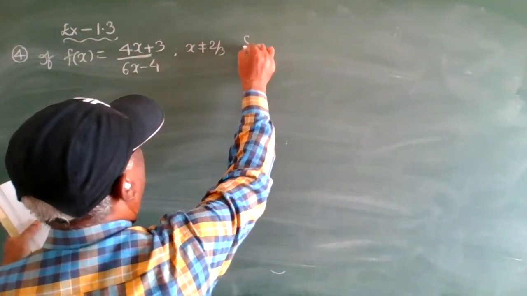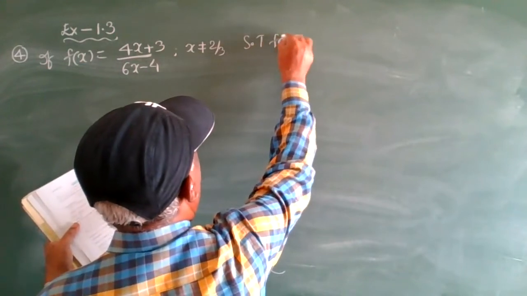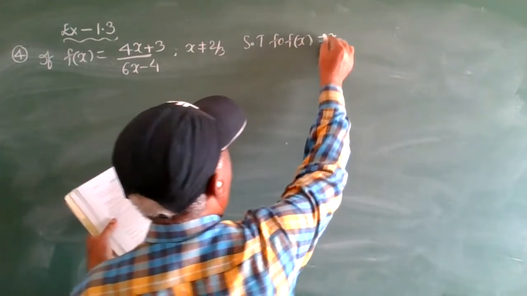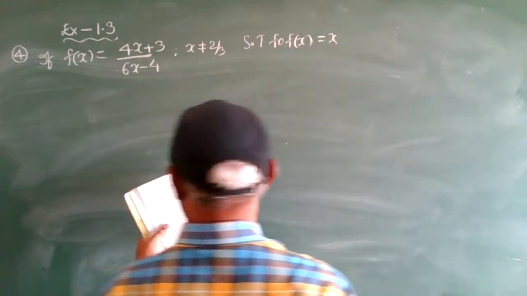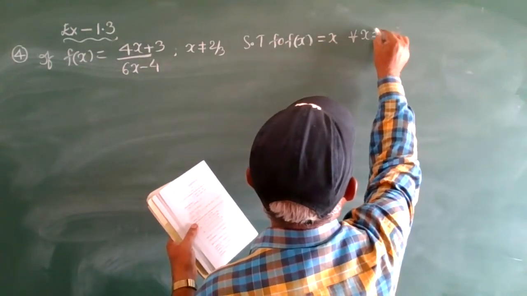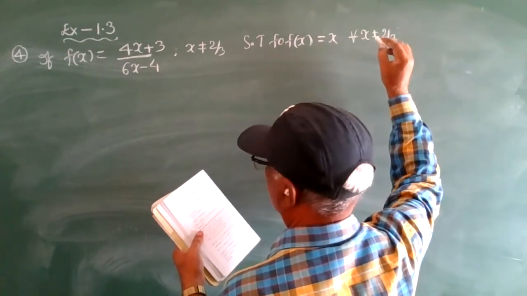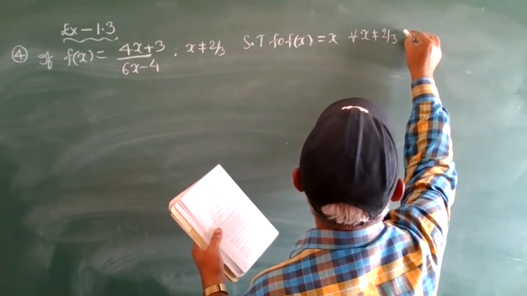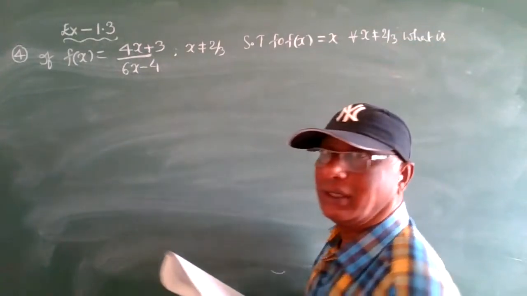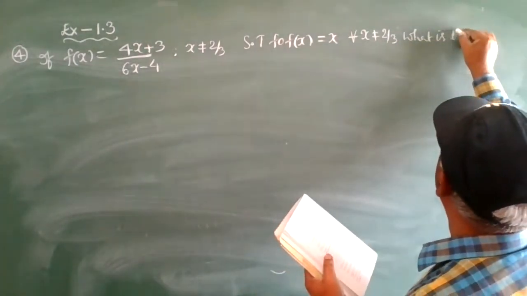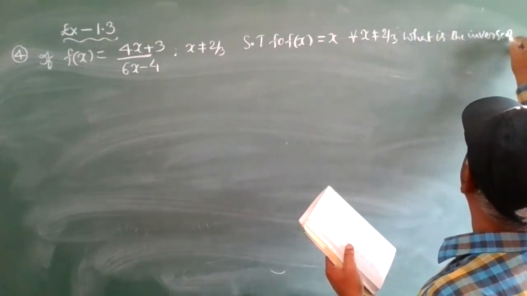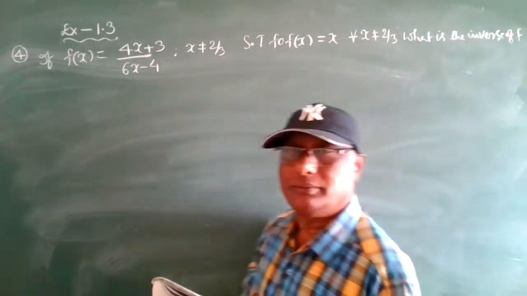Show that f circle f at x is equal to x for all x not equal to 2 by 3. What is the inverse of f? This is the given problem.